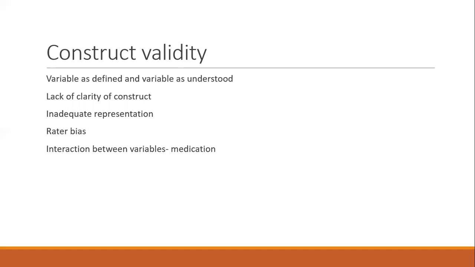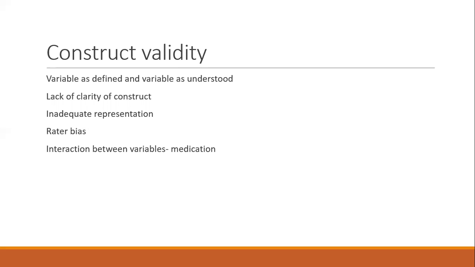So there should be clarity. Then there is inadequate representation of the population. If one of the variables they're looking at is the effect of gender, and there is inadequate representation of one sex, then that would be a threat to construct validity.